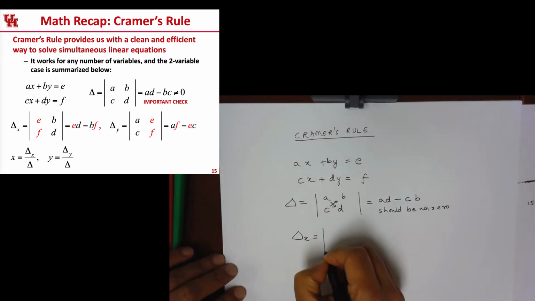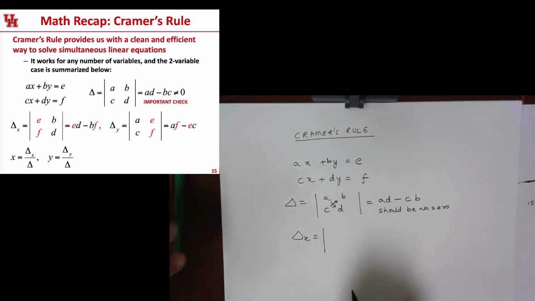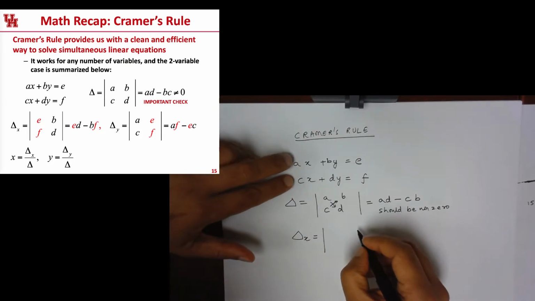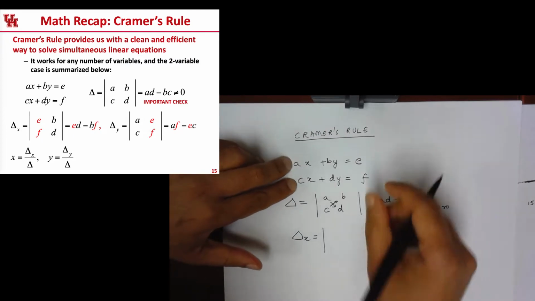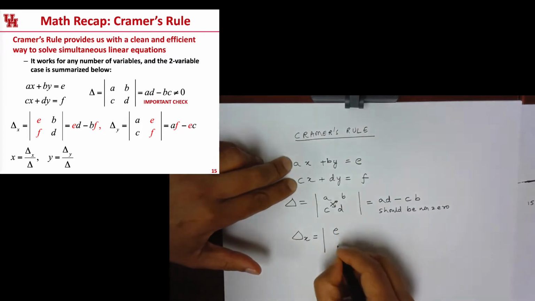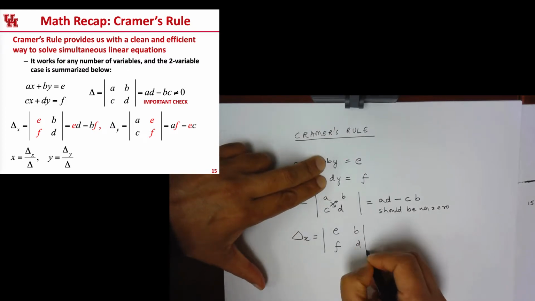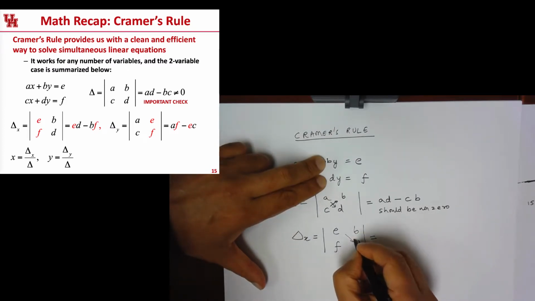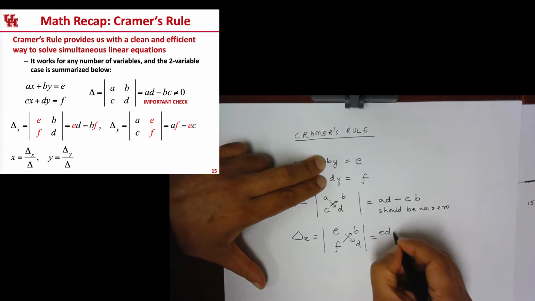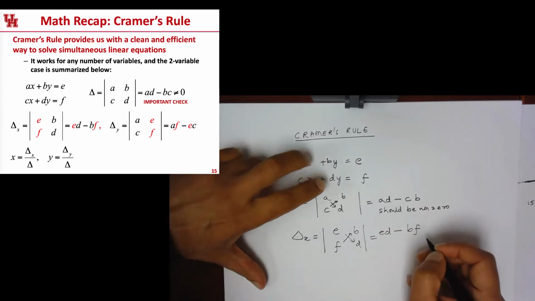For delta x, the parts of the determinant that correspond to x get replaced with e and f, the terms from the output, and the other terms stay the same. The b and d stay the same. So this expands out as ed minus bf.